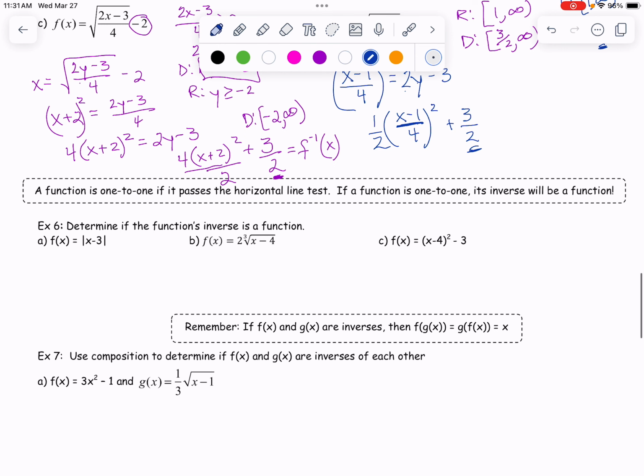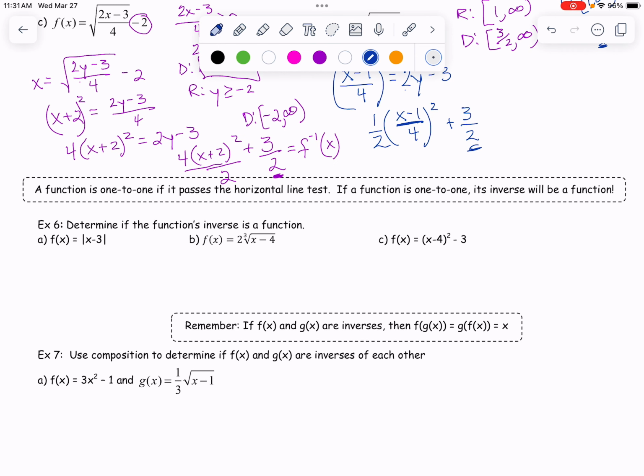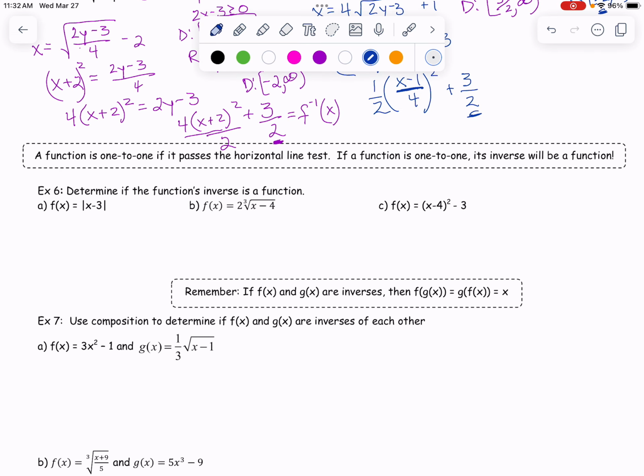All right. So, in order for an equation to be a function, it has to pass the vertical line test. If you're checking to see if the inverse is a function, then you're going to do the horizontal line test on the original. So determine if the function's inverse is a function.